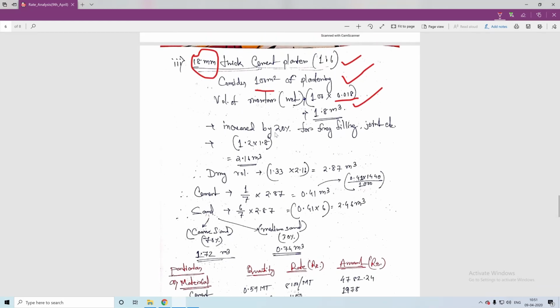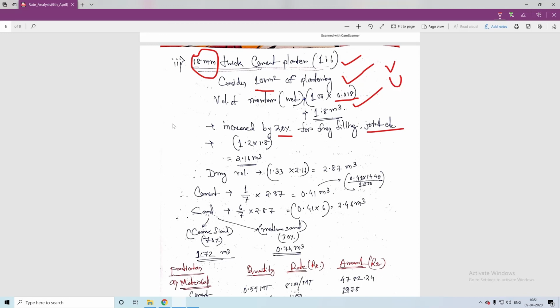So we increase here by 20%. Previously we increased 15%, but here we are increasing 20%. Why? Because here also we have frog filling as well as the joints. In between the gaps of the bricks there are some grooves, either V or U shape, so we need to fill these portions also.